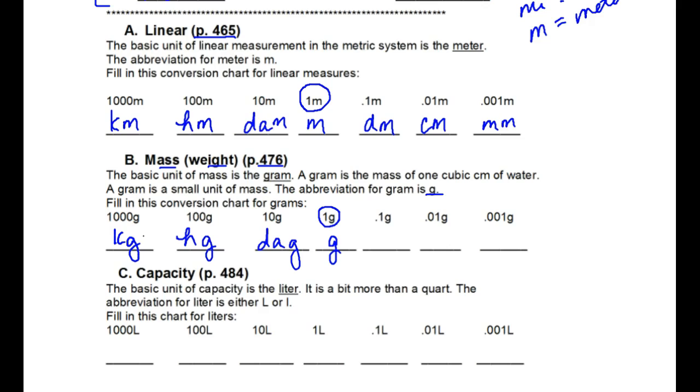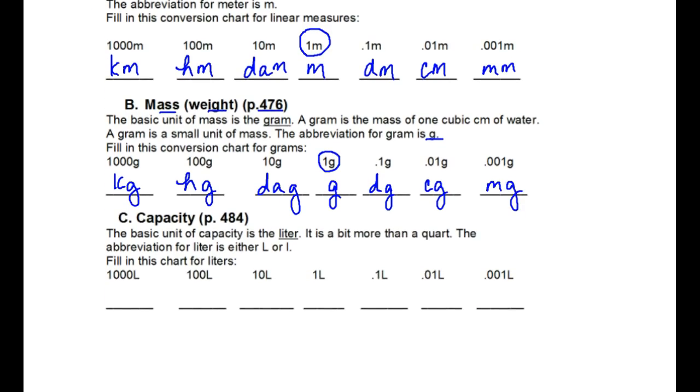Kg is 1,000 of those, a kilogram. 1/10th of a gram is a decigram. 1/100th is a centigram, and 1/1000th is a milligram. Now you probably know all about milligrams because our medical system is in the metric system. So if you buy medicine, you buy some aspirin or Tylenol or something, it tells you how many milligrams there are in a tablet. It doesn't tell you how many ounces there are.